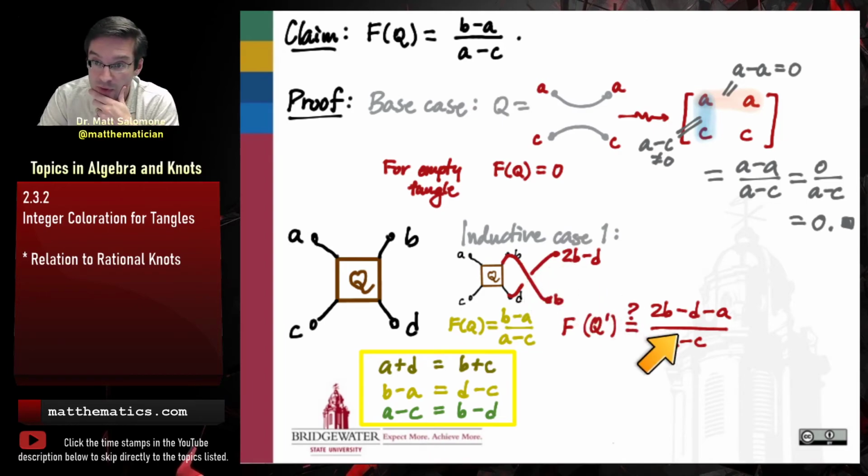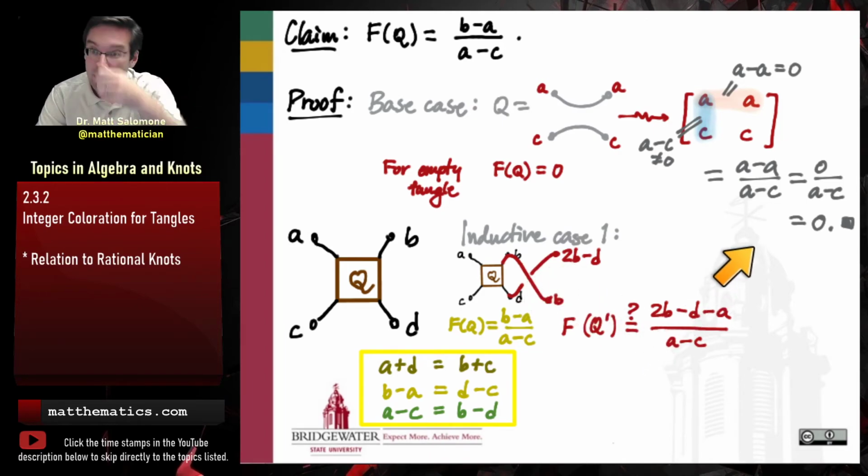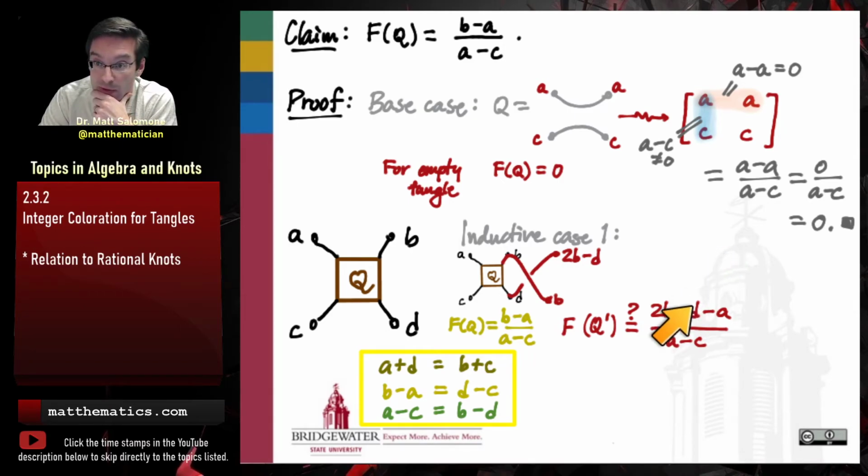And so if we can simplify this somehow, then hopefully we'll be able to find out whether it bears a relationship to the original tangle number that we started with right here. Well, one nice thing that I'm noticing is that the denominators are at least the same before and after, right? So let's see if we can figure out how the numerators are related. In particular, how does this numerator relate to the numerator over here, which is B minus A?